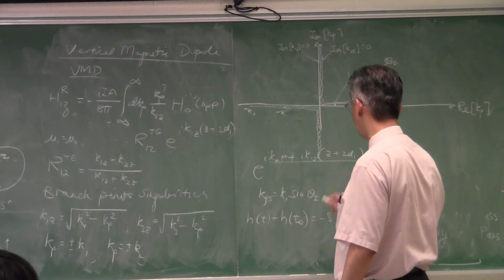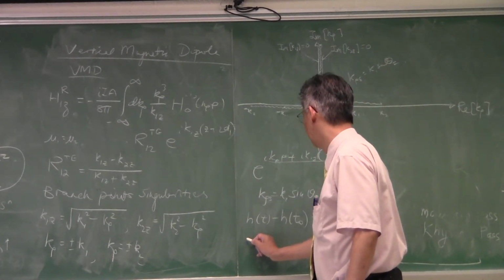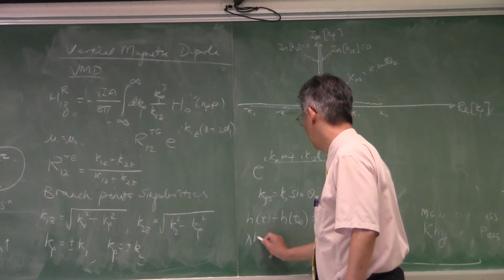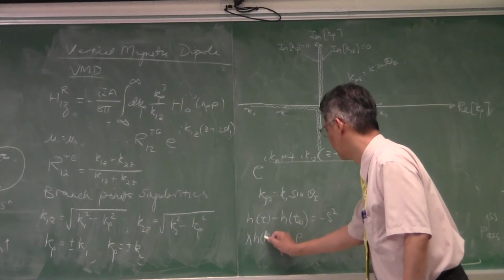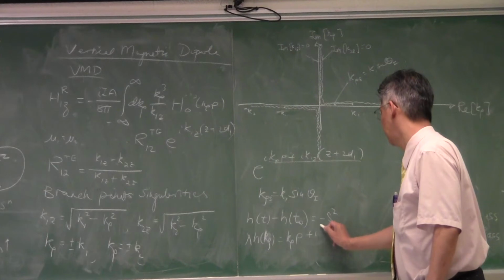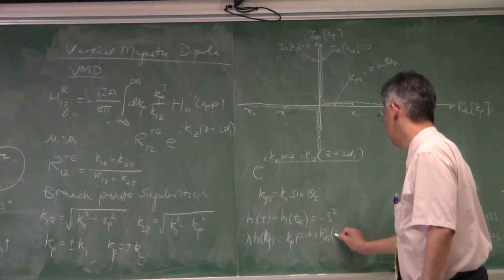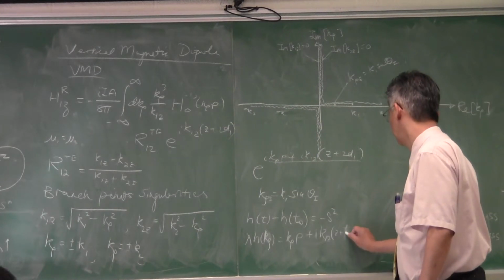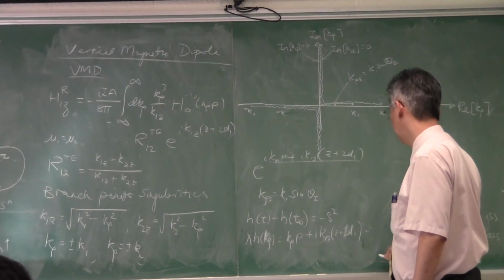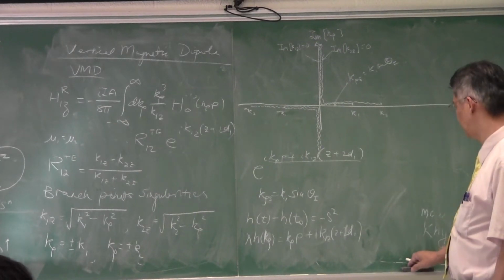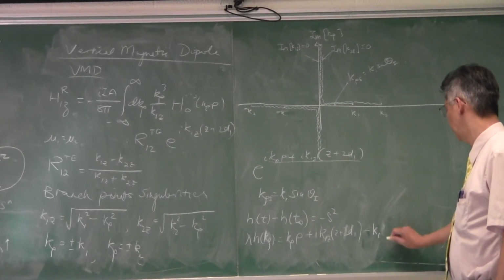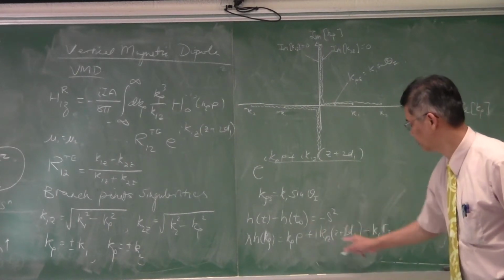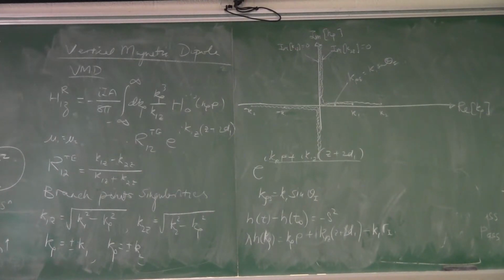So you go through this thing and write your lambda h, which is a function of k rho on a complex k rho plane, plus k1z (z plus 2d1), and then you subtract the value of this at the saddle point, which is actually just k1 ri. Okay, h naught is just equal to that.